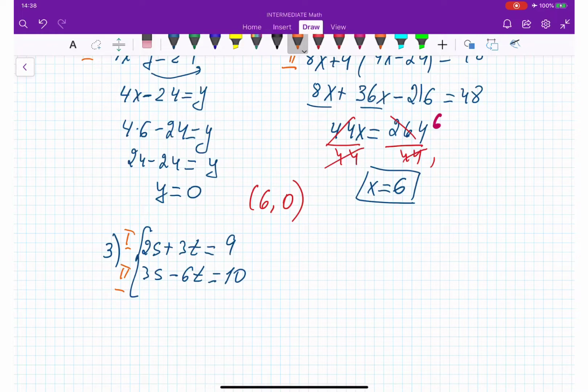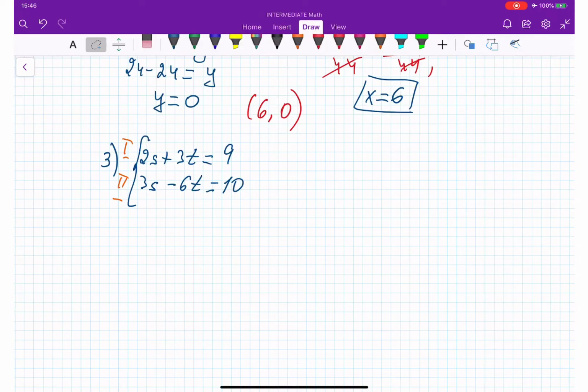For the method of elimination, we have to bring the equations to a level so that when you add them, the variable will disappear. So watch how I'm going to do it.